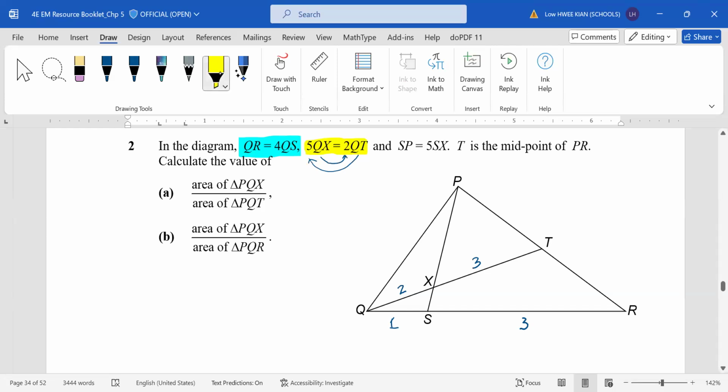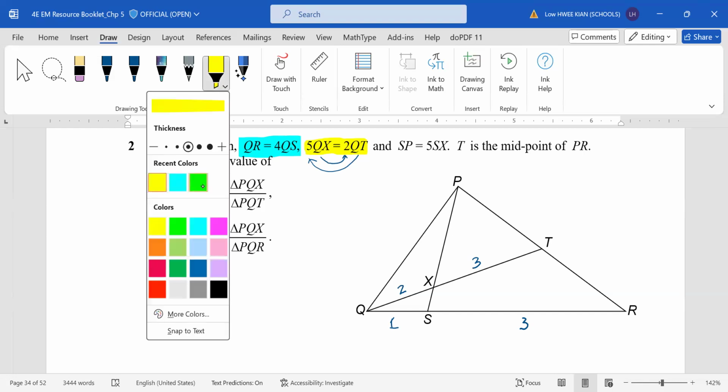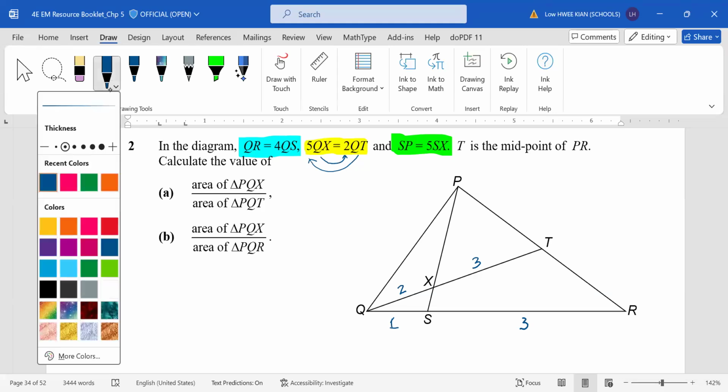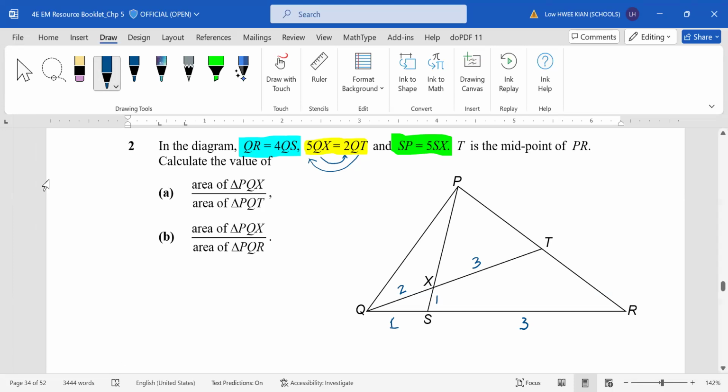One last one. All right, one last ratio that we have here. Let me use green. So now SP is equal to 5 times SX. With this, that means SX is 1 unit, and then PX is equal to 4 units.